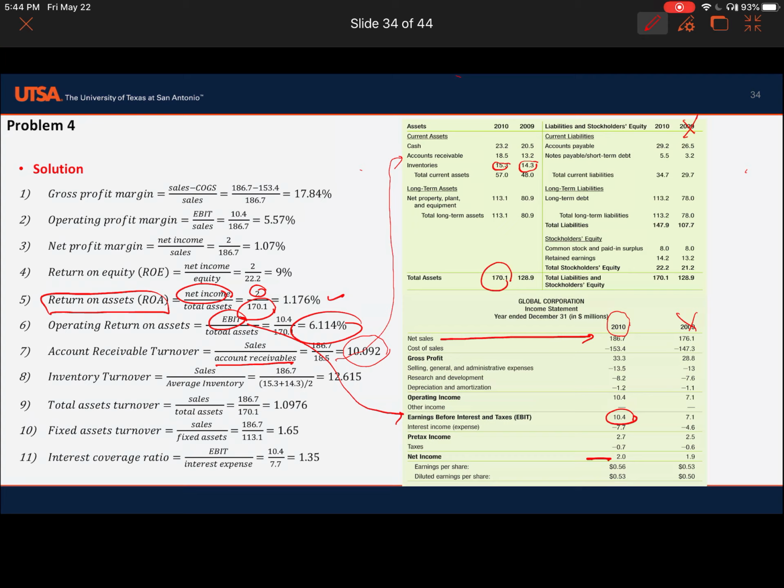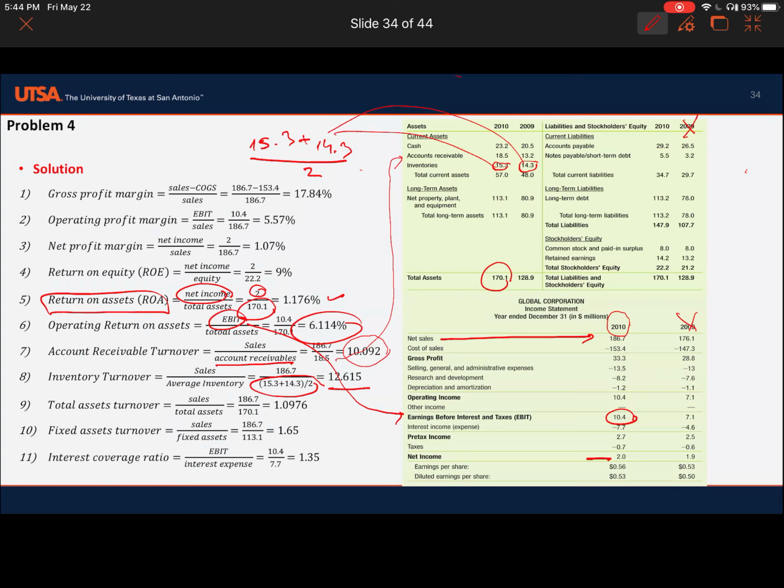You need to find the average of the inventory. Take those numbers, 15.3 plus 14.3, divided by 2, to find the average. And inventory turnover is sales over average inventory, which is 12.615.